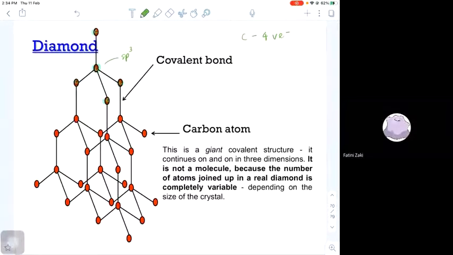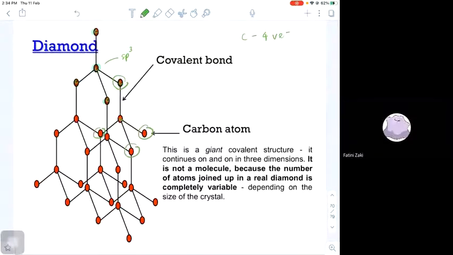This is if we refresh the information on hybridization. The other carbon atoms also form covalent bonds with another 4. So look at this carbon atom. It is attached to this carbon, this and this carbon.